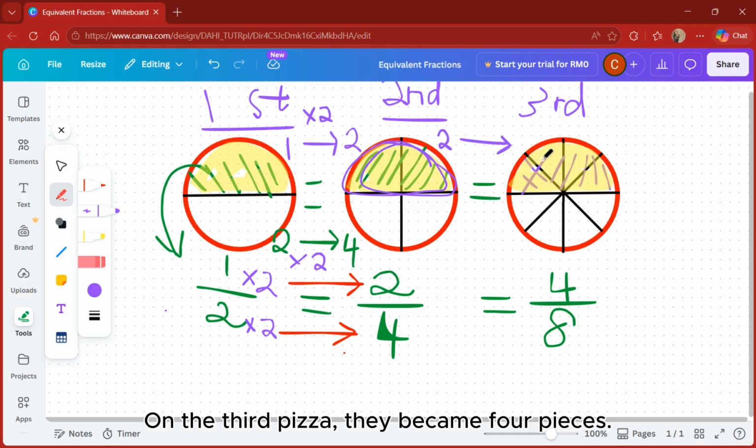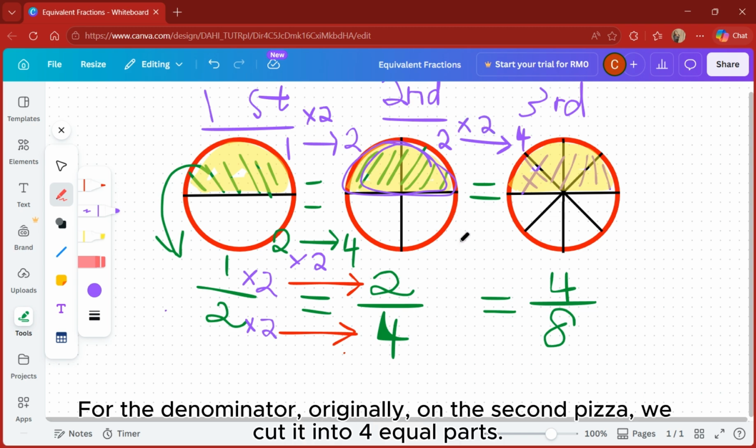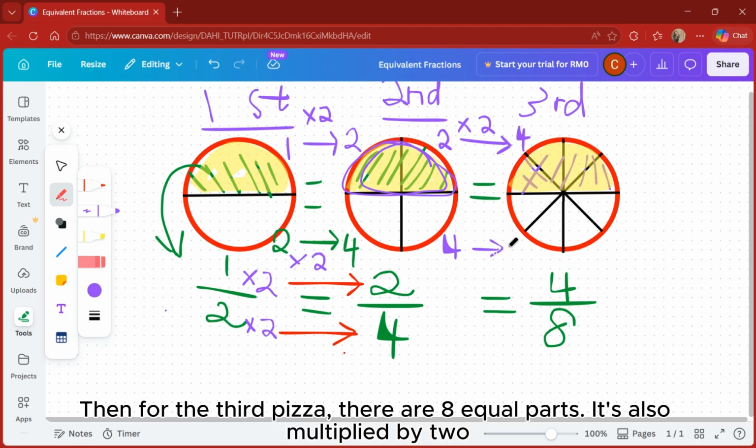On the third pizza, they became 4 pieces. So also multiply by 2. For the denominator, originally on the second pizza, we cut it into 4 equal parts. And then for the third pizza, there are 8 equal parts. Also multiply by 2.